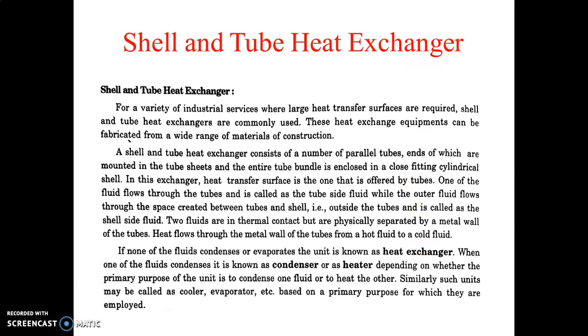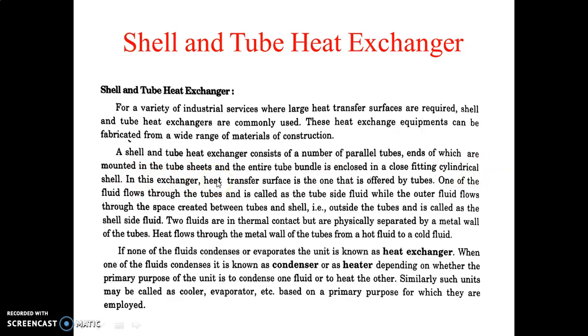In the last lecture I discussed what is meant by a shell and tube heat exchanger. It consists of a number of parallel tubes, the ends of which are mounted in a tube sheet, and the entire tube bundle is enclosed in a close fitting cylindrical shell.